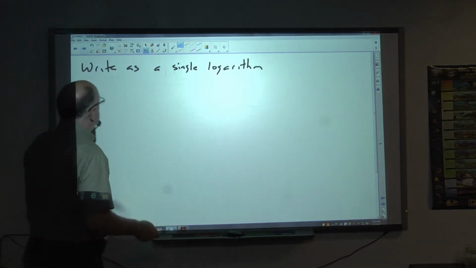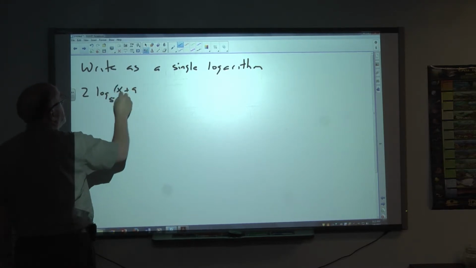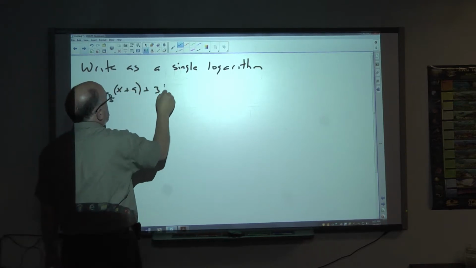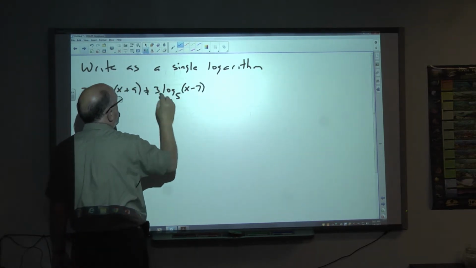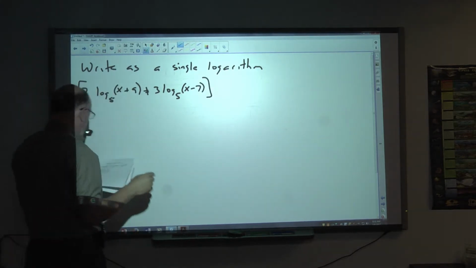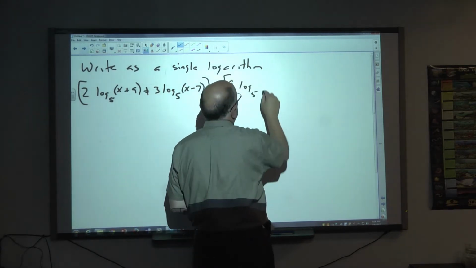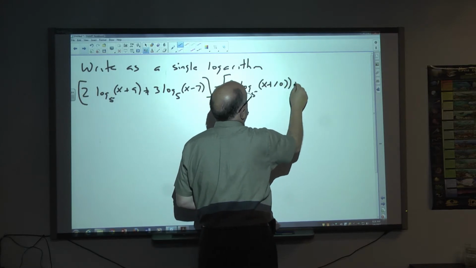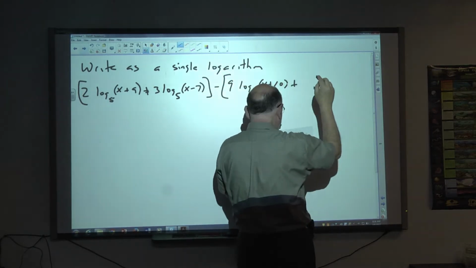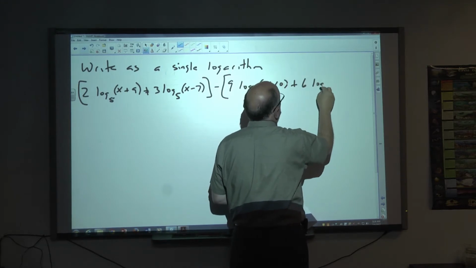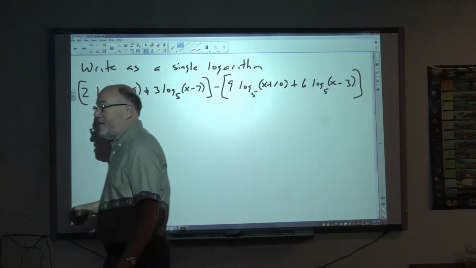So you have given something like this, 2 log base 5 of x plus 9 plus 3 log base 5 of x minus 7 minus 9 log base 5 of x plus 10 plus 6 log base 5 of x minus 3. Okay. So we're going to write that as a single logarithm.